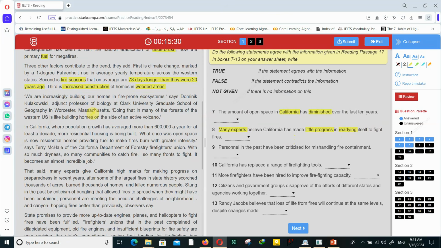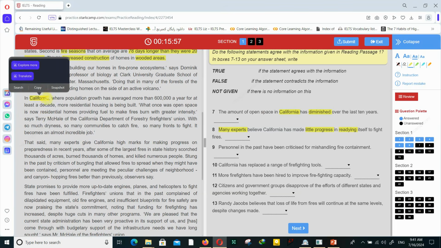Now, going back to the passage. We are increasingly building our homes in fire-prone ecosystems, says Dominic Kolakowski, adjunct professor of biology at Clark University Graduate School of Geography in Worcester, Massachusetts. Doing that in many of the forests of the western US is like building homes on the side of an active volcano.